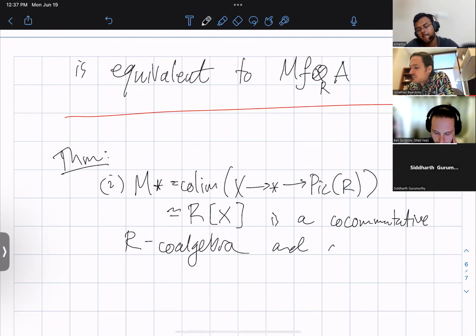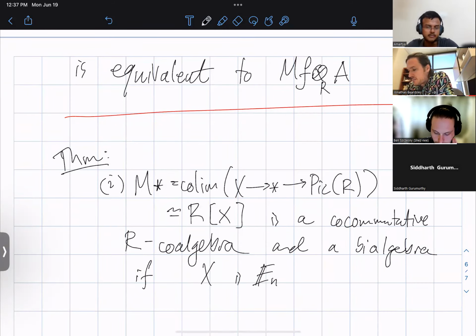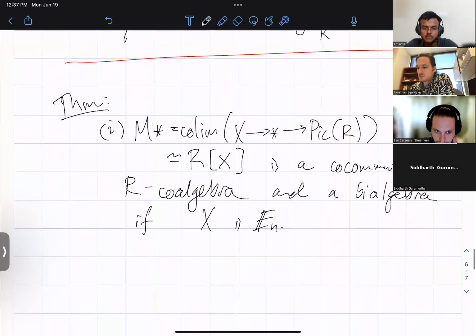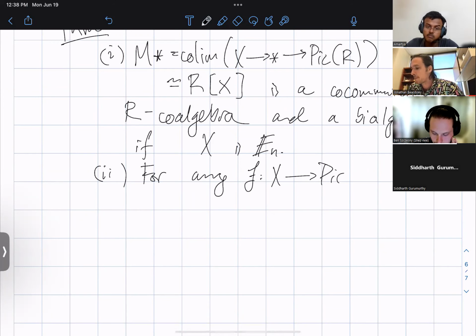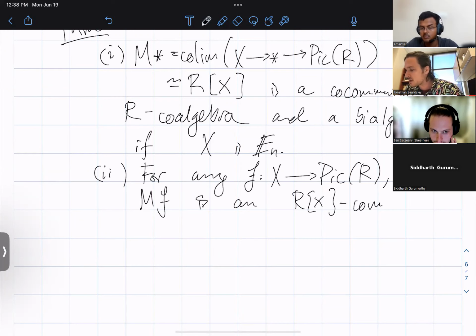And it's a bialgebra if X has some E_n structure. And then one result of this is that for any F from X to Pic R, MF is an R adjoin X comodule.